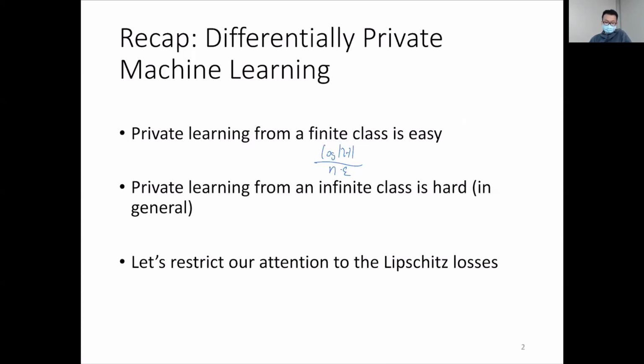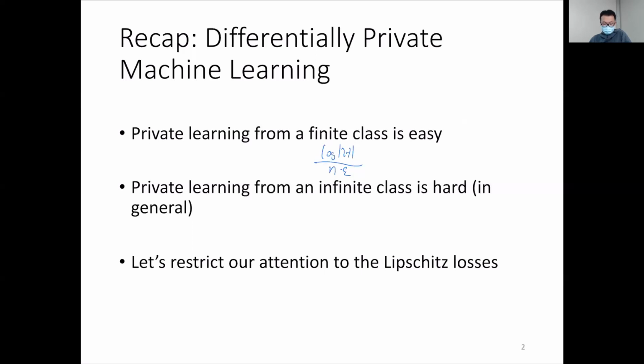On the other hand, whenever we move into an infinite hypothesis class, we cannot just replace this log of the cardinality of the hypothesis class with another complexity measure as easily as we can in a non-private setting.